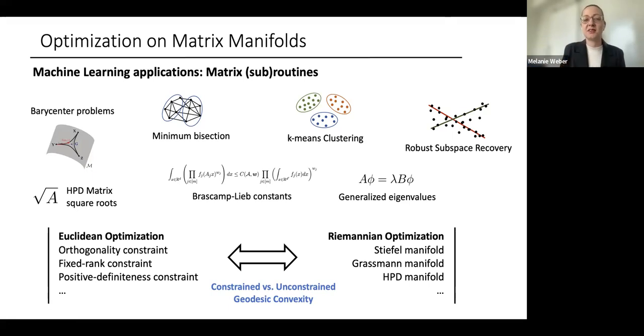That observation has been driving a lot of the early research on Riemannian optimization. There are also sometimes other algorithmic benefits that we can get from this reparameterization that have to do with the convexity of the problem. A lot of the examples that we see throughout the talk exploit exactly those better convexity properties that we have in the Riemannian setting.